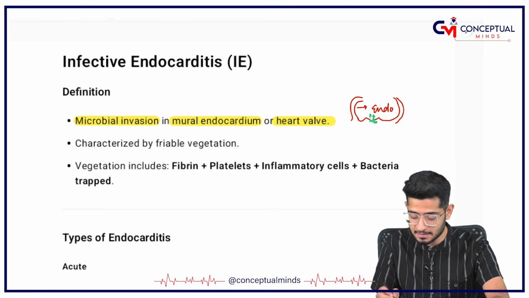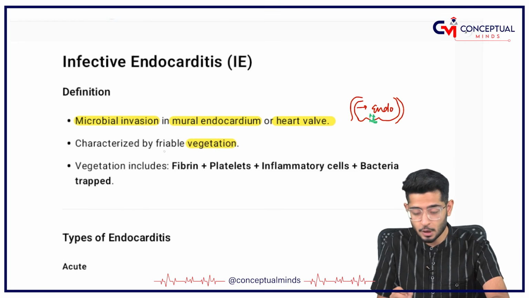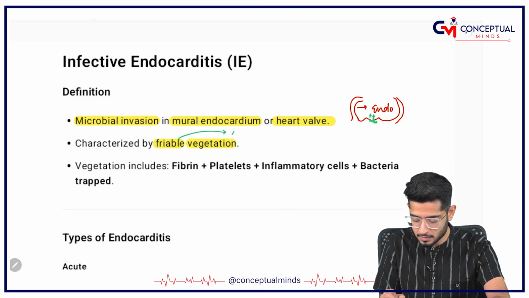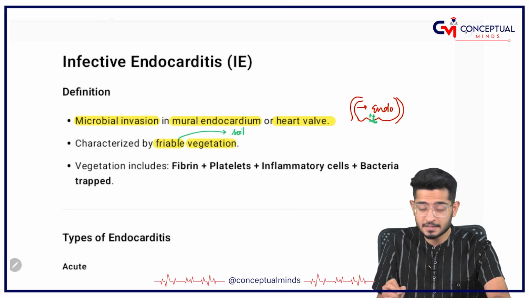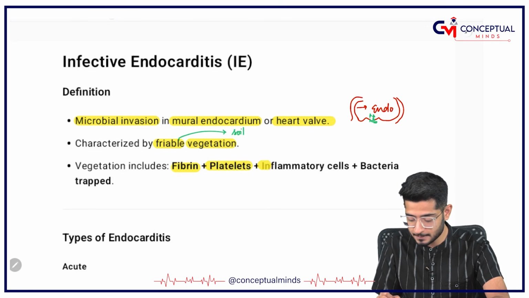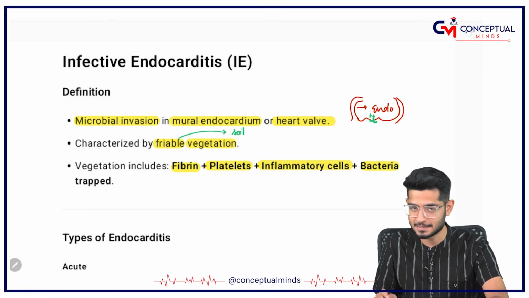It is characterized by vegetations which are friable, just like soil. This vegetation includes fibrin, platelets, inflammatory cells, and bacteria which are trapped inside it.